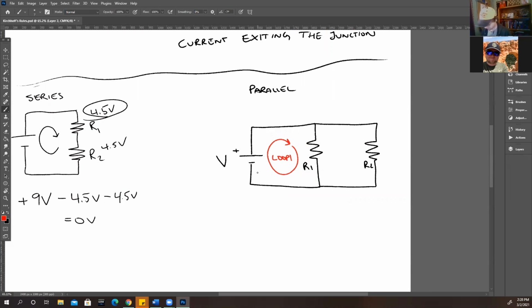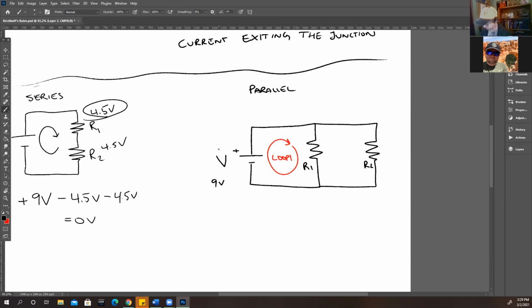Okay, let's write down what we saw in our data last week. So in this case, we had the same voltage of battery, but what did we see for these resistors? We saw that they were both 9 volts. They were both consuming 9 volts each. So let me put this down here.